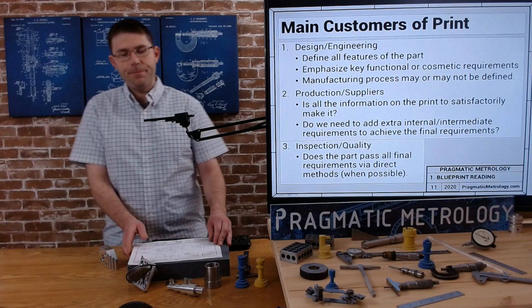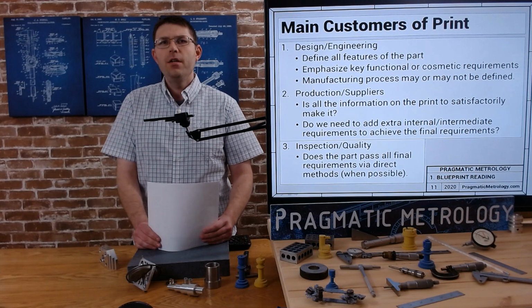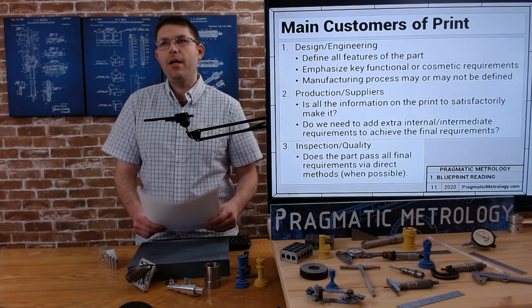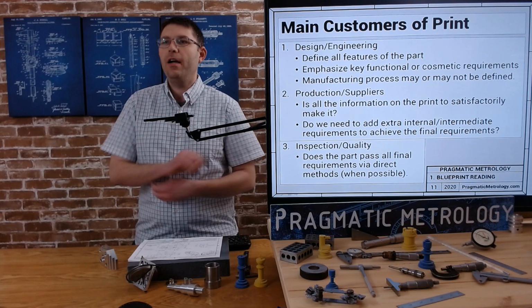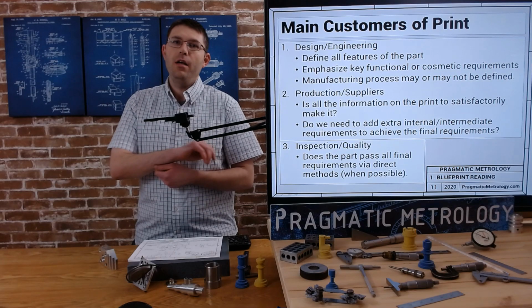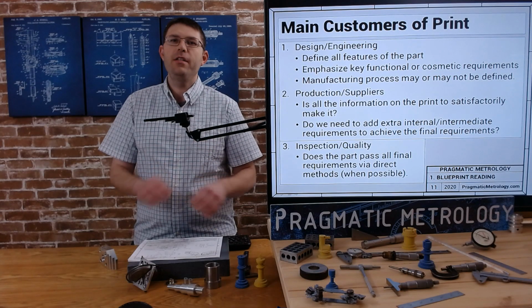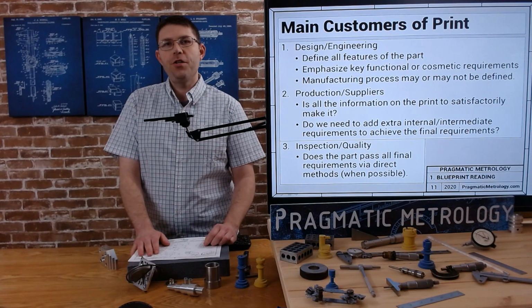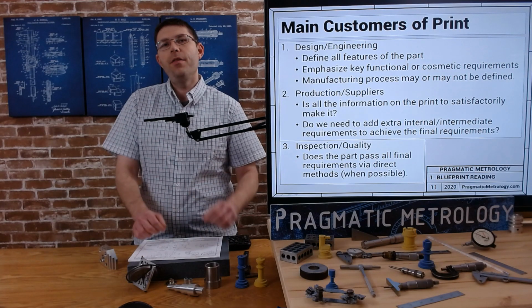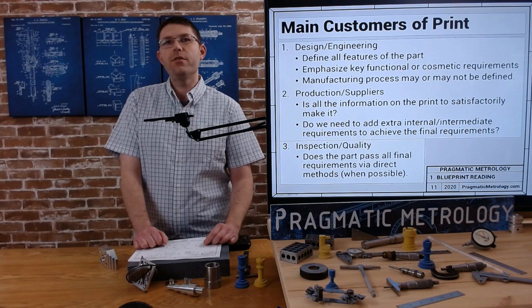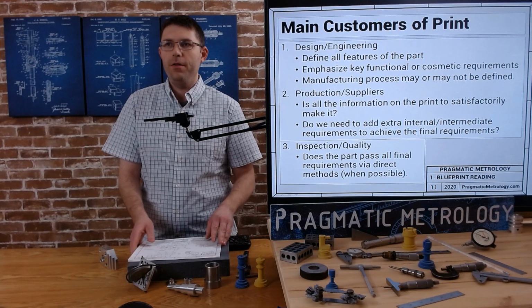I've already kind of talked about this, so let's go into more discussion about these customers. First of all, I break it down into three main customers. So you have the design or the engineering involved, and their key requirements are to define all the features of the part.